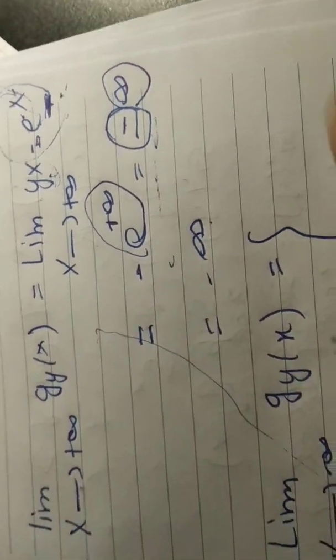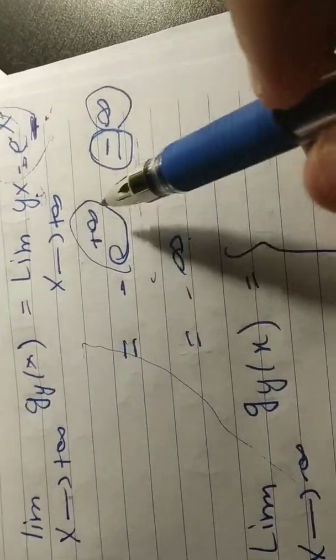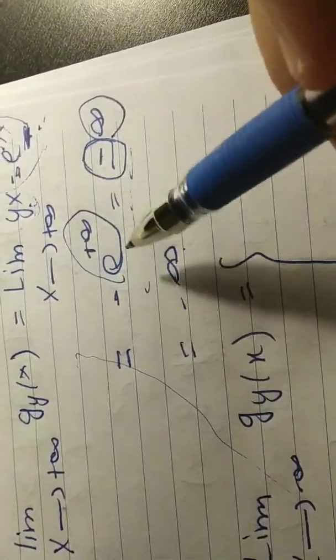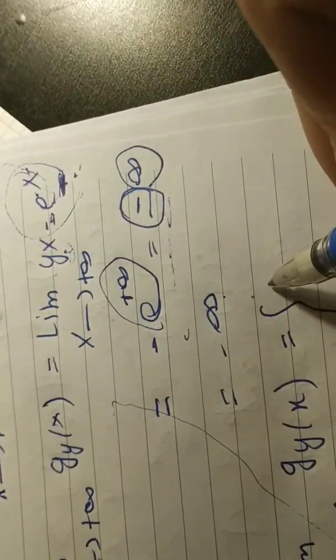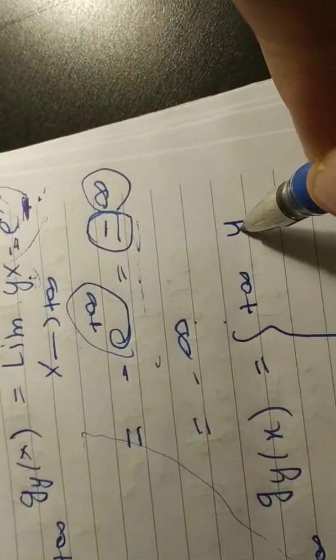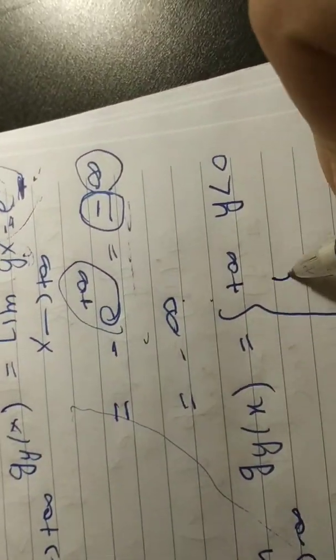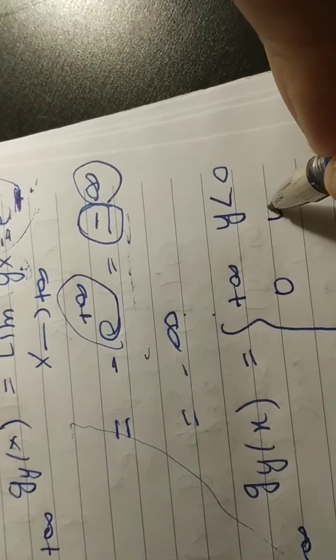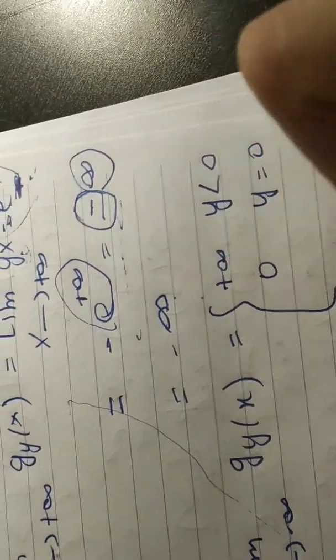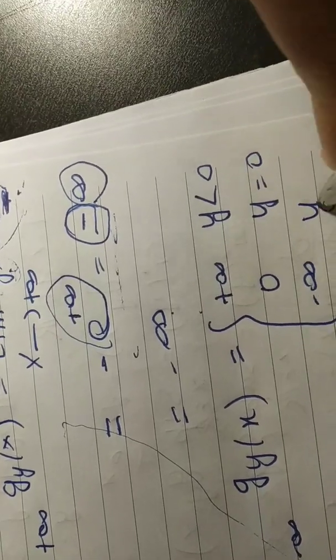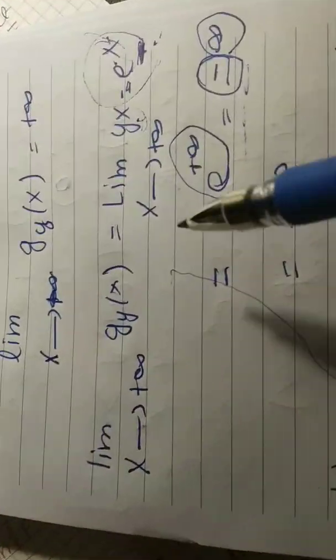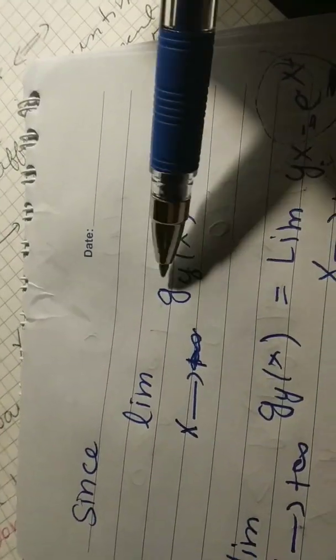When we take minus infinity, the exponential function would be 0, and the limit is plus infinity when y is smaller than 0, and 0 when y is equal to 0, and minus infinity when y is greater than 0. How did this come? Look at this definition and put minus infinity here.